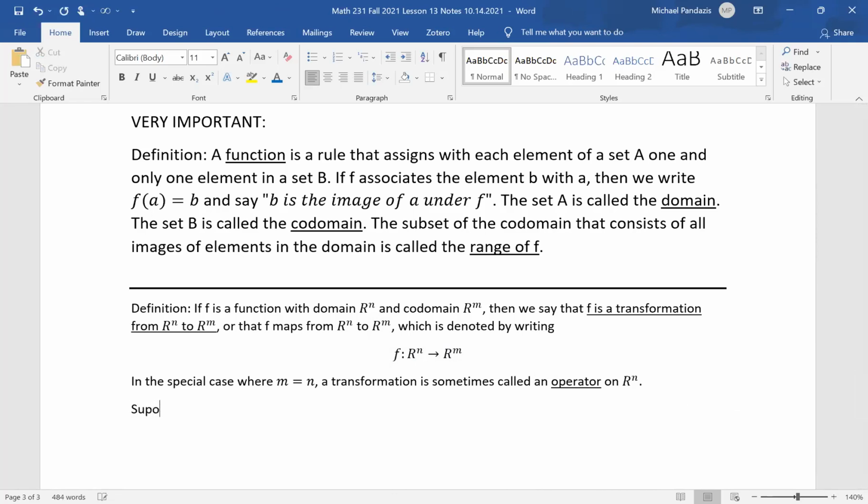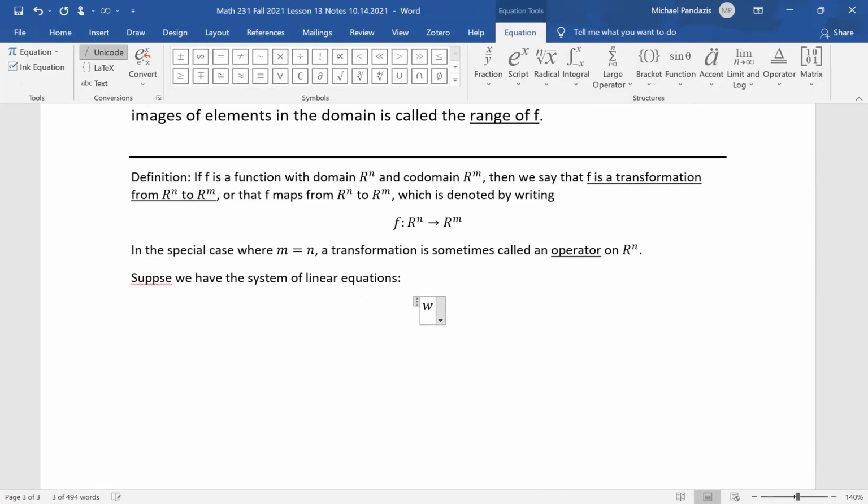Okay, so new idea. Suppose we have the system of linear equations. And so this system is W1 equals A11 x1 plus A12 x2 plus A13 x3 plus dot dot dot plus A1n xn.